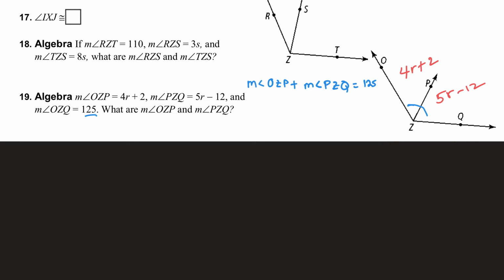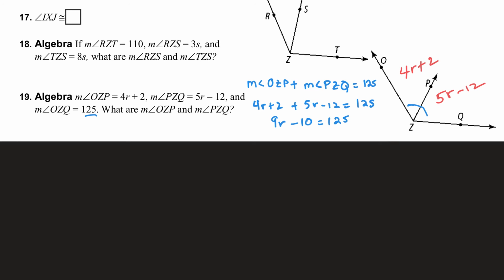Now what you do next is substitute the information you have. So you have 4R plus 2 plus 5R minus 12 gives you 125. I'm not going to have room here to complete the process, but I'm going to do my best. So you have 9R minus 10 is equal to 125.